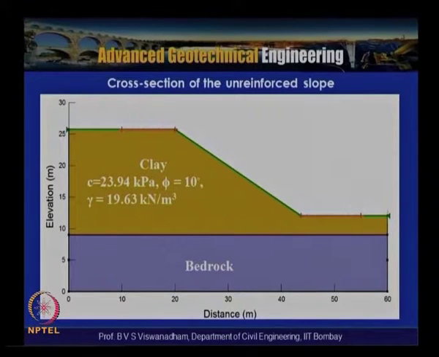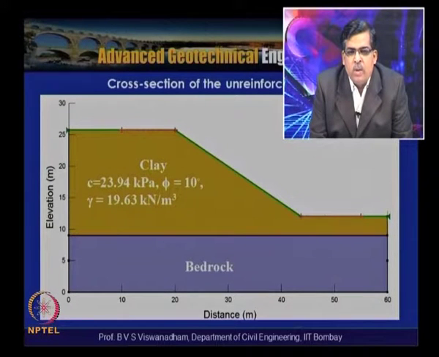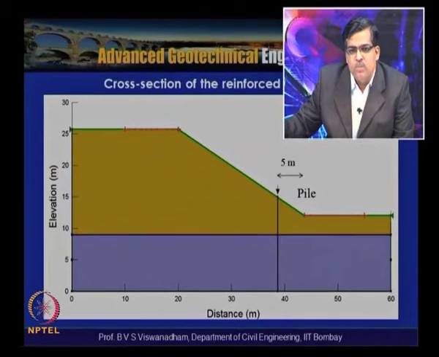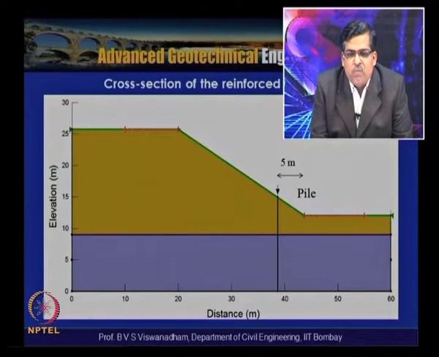So this is the cross section of an unreinforced slope, having one vertical to two horizontal, a 30 degrees inclination, cohesion of about 23.94 kilopascals, friction angle of 10 degrees, and unit weight of 19.63 kilonewton per meter cube considered. Here the pile was assumed to be located at 5 meters from the toe of the slope.